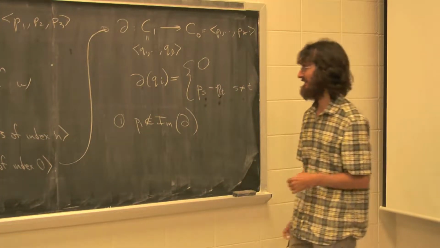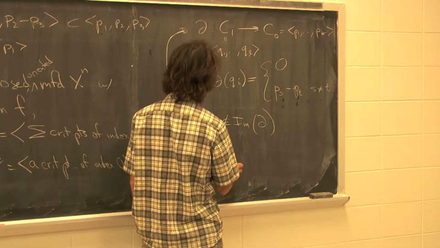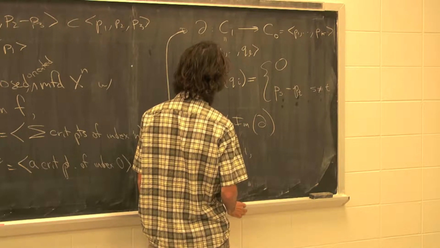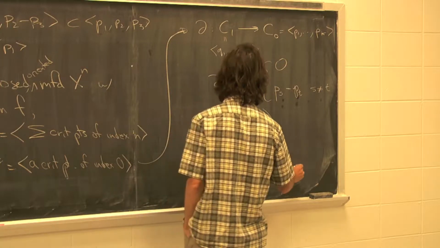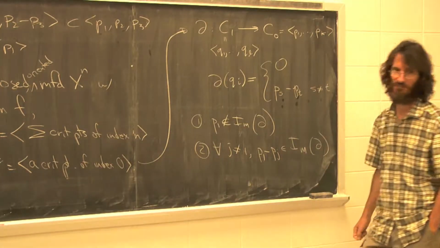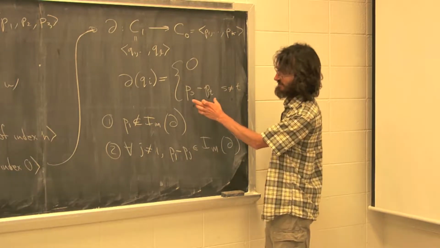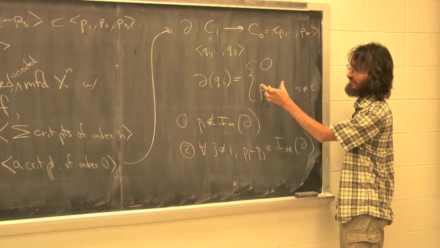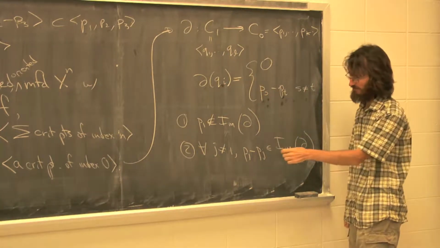Now the second thing is that for all j not equal to 1, P1 minus Pj is in the image of the boundary map. That would show that Pj is equal to P1. Now that's not completely obvious from here. What you need to do is get a path. You need to find this sum of index 1 critical points that adds up to P1 minus Pj.